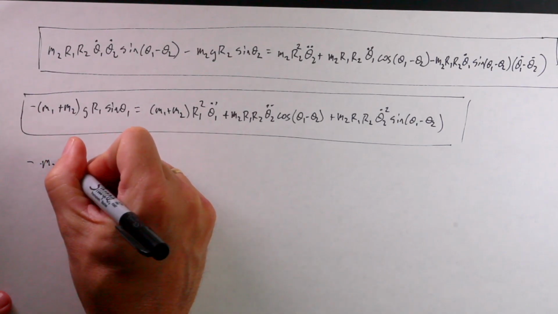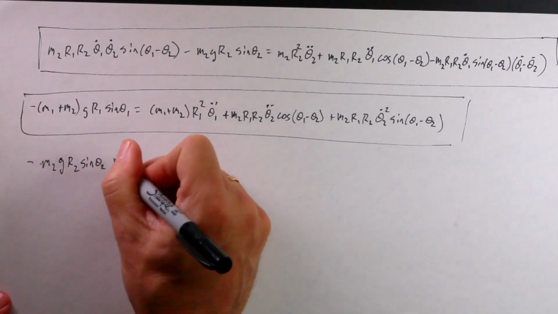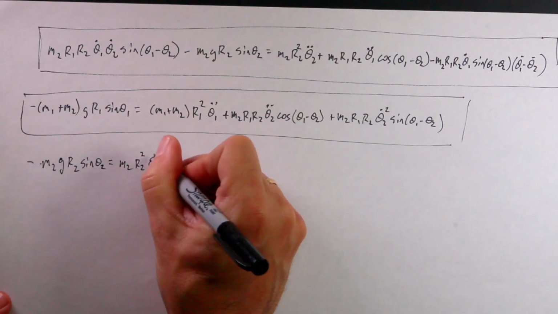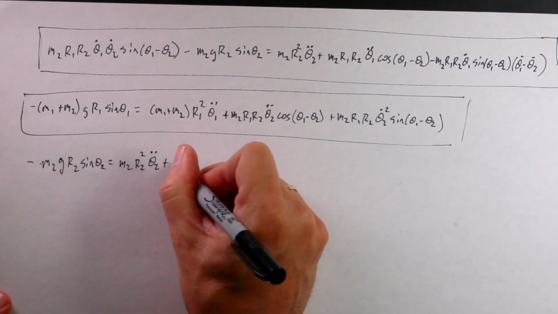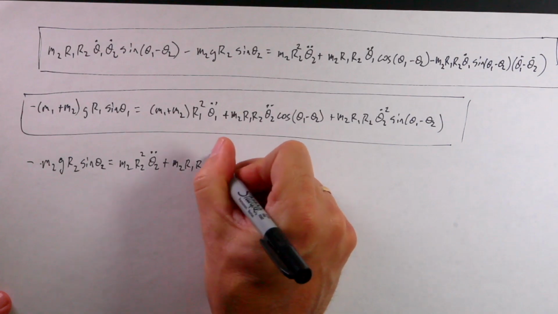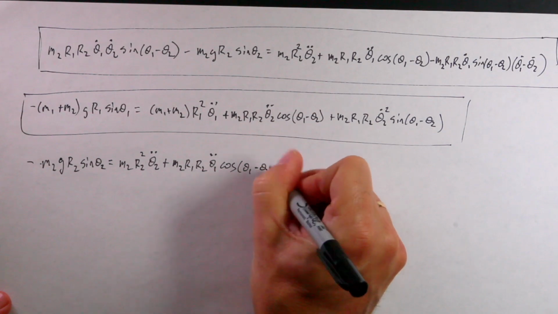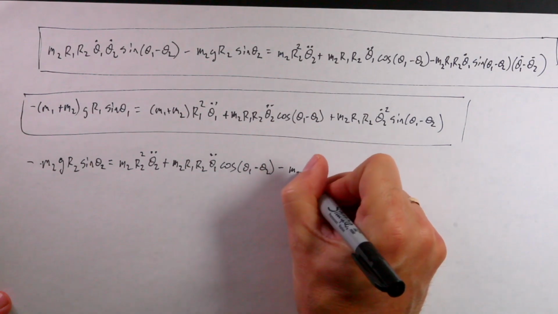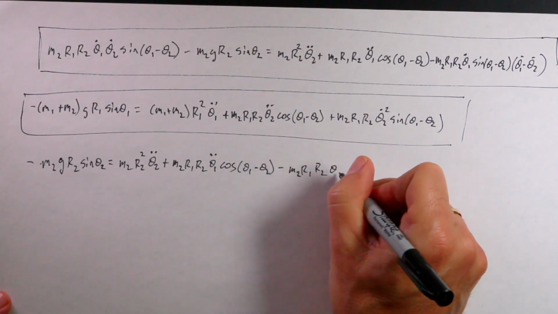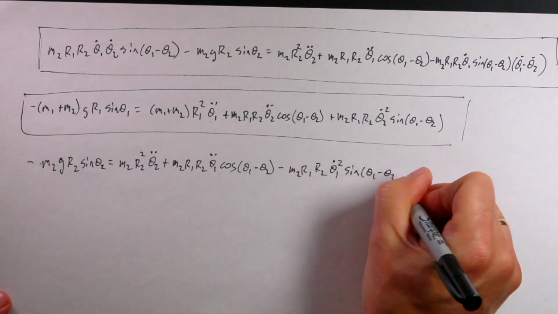Minus 2 m2 g r2 sine theta 2 equals m2 r2 squared theta 2 double dot plus m2 r1 r2 theta 1 double dot cosine theta 1 minus theta 2 minus m2 r1 r2 theta 1 dot squared sine theta 1 minus theta 2. Box it.